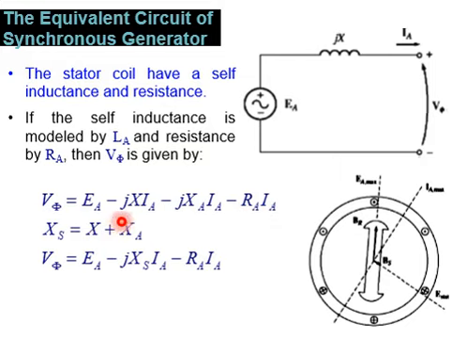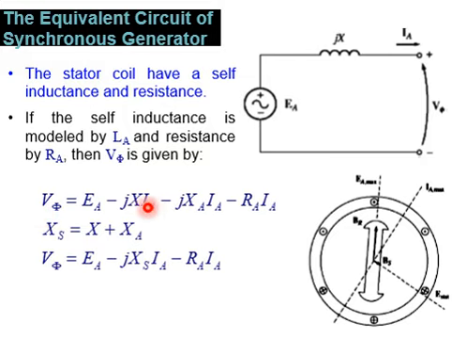So after deducting three voltages from E of A, we come to the final output voltage V phi.